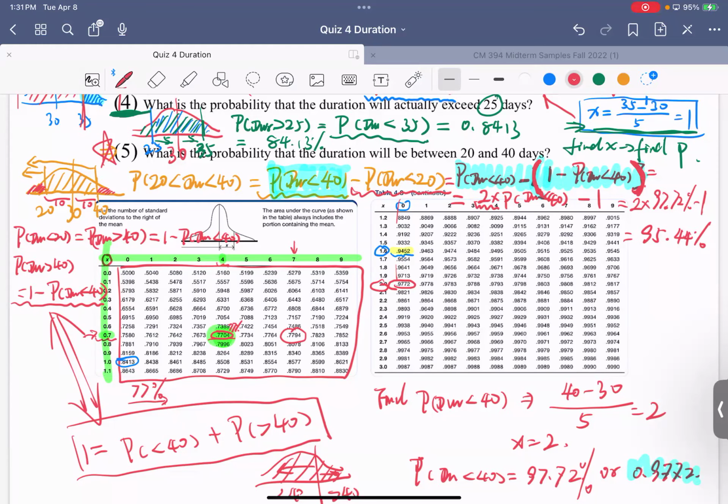You don't believe that? No, I didn't say I don't believe it. Let me write it. So this is equal to P less than 40 minus 1 plus P less than 40, and then equal to 2 times P less than 40 minus 1. This is the same thing, right, because there are 2 of them now. Is that correct? Yeah. Okay.